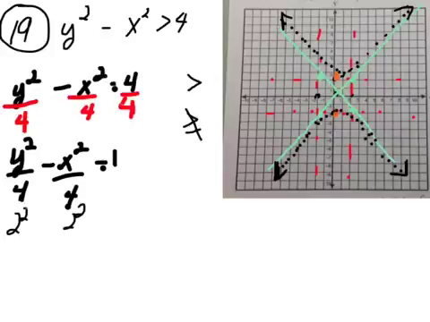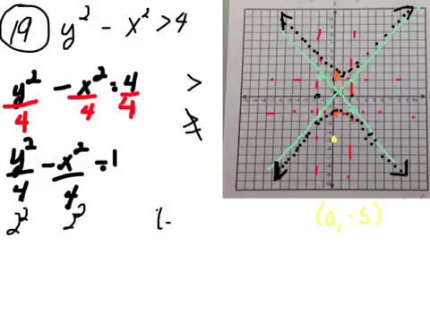Let's pick one like right here, 0, -5. I'm going to plug in 0, -5 into the equation and see if it works. If it works, I'm going to shade there, and if it doesn't work, I'm going to shade outside the hyperbola, okay?